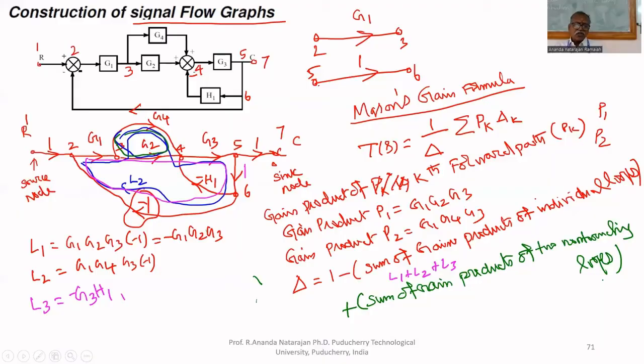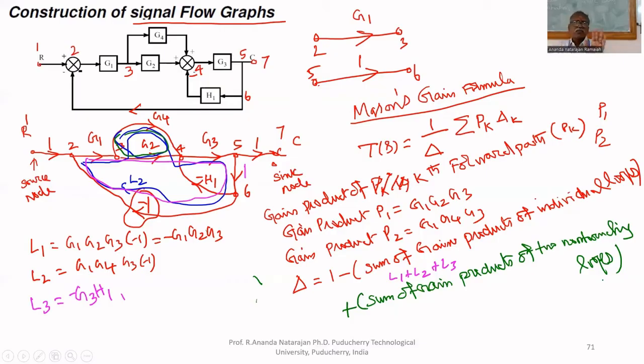Is there any non-touching loop? You see that L1 and L2 are touching each other. L2 and L3 are touching each other. L1 and L3 are touching each other. Therefore, there are no two non-touching loops. How can we group this?